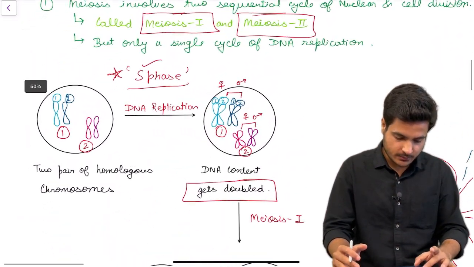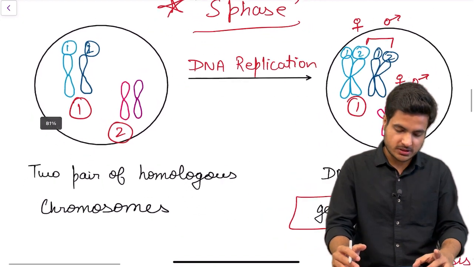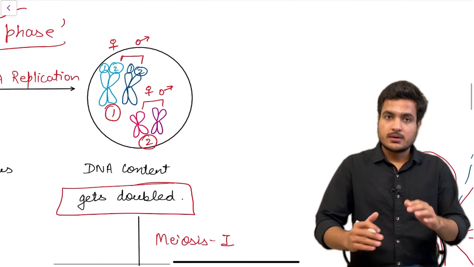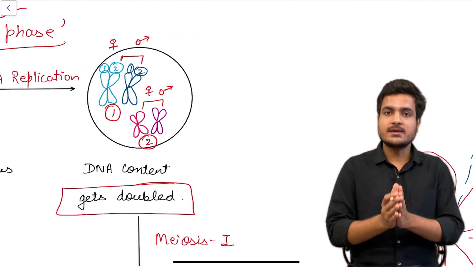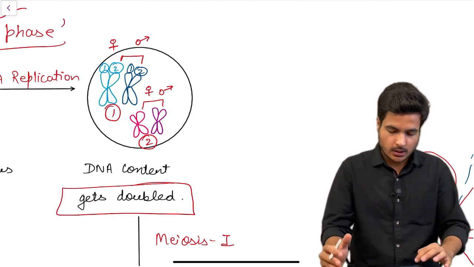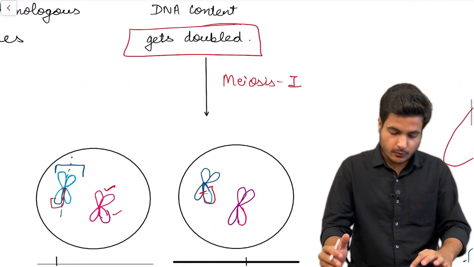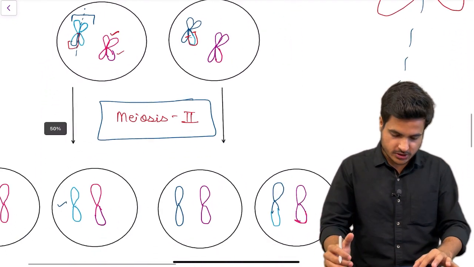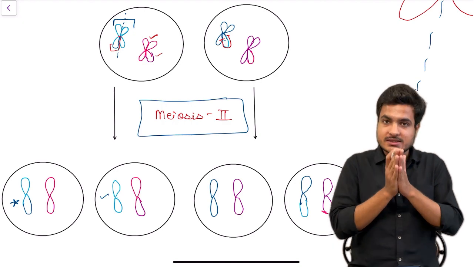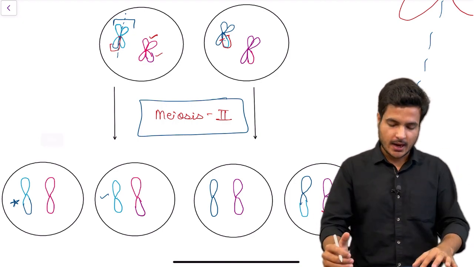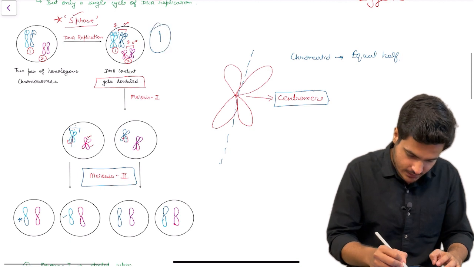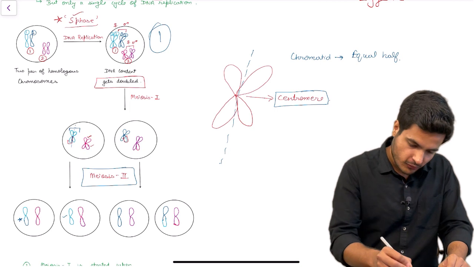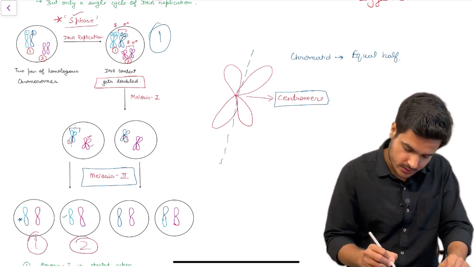That is the only thing I am showing you in this diagram: first of all, DNA replication will take place, resulting in doubling of the DNA amount, that is, formation of sister chromatids. Now in meiosis 1, there would be separation of the homologous chromosomes, and in meiosis 2, there would be separation of the sister chromatids into the daughter cells, and ultimately from a single cell at the start, that is a parent cell, we get 4 daughter cells: 1, 2, 3, 4.